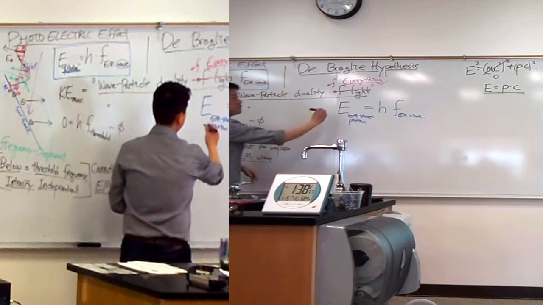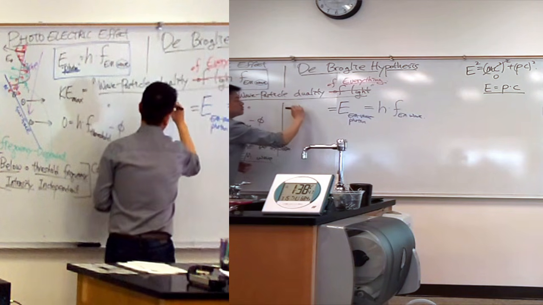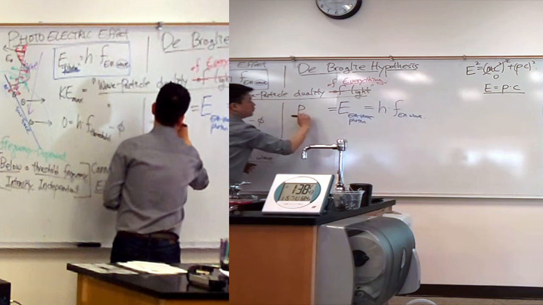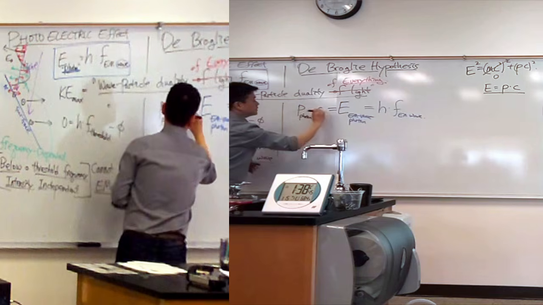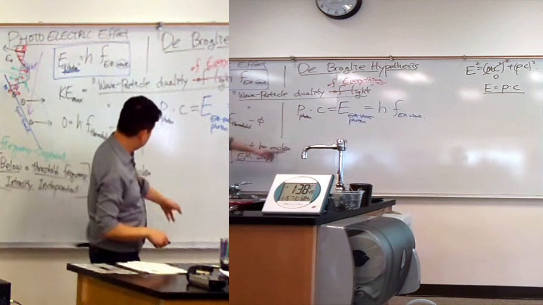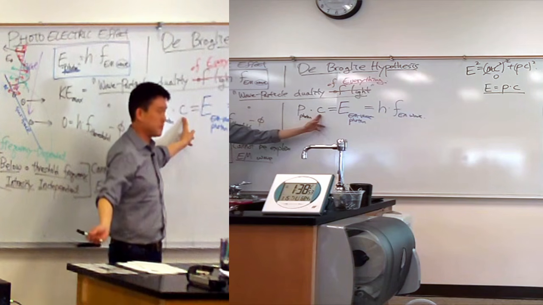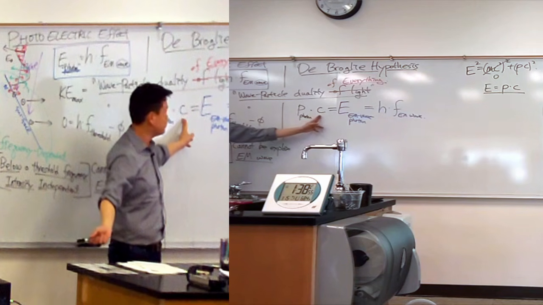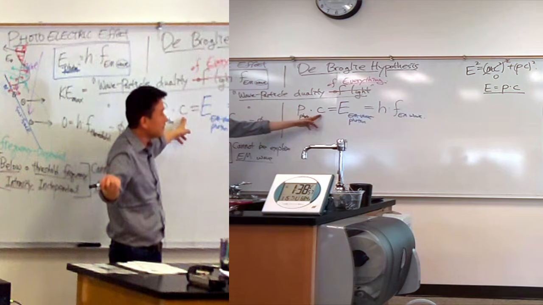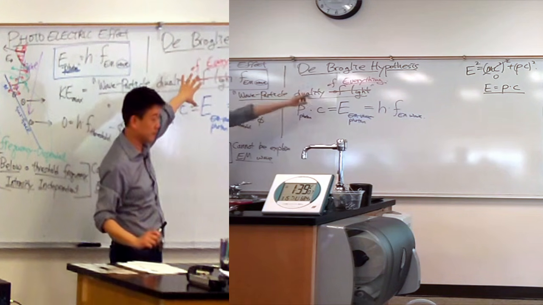So I can replace this with: the energy of a photon is the momentum of the photon times c. I don't think I really like this c, because the speed of light seems specific to light or special relativistic circumstances.